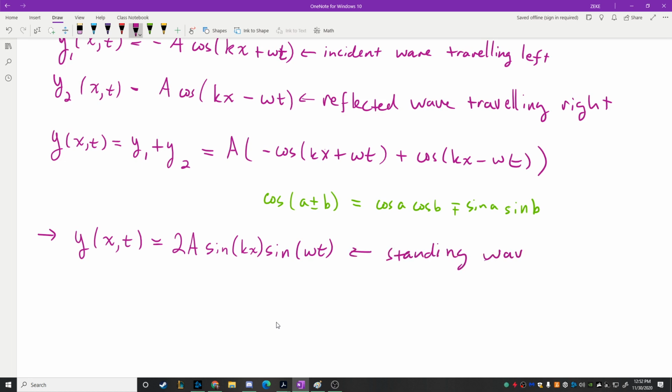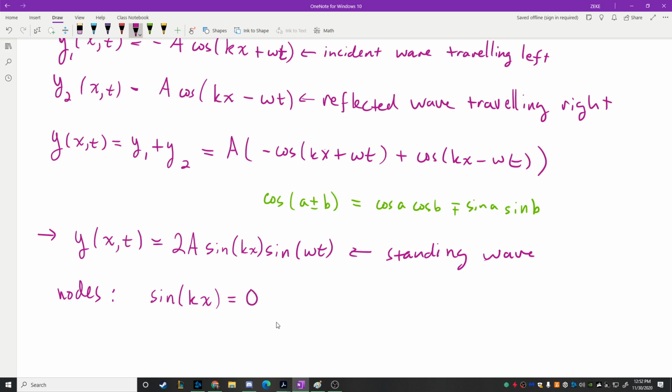We call it a standing wave again because it has fixed nodes. So at each instant, each time t that we choose, the shape of the wave is a sine curve, but the wave's shape stays in the same position, oscillating basically up and down. And to figure out where the nodes occur, the nodes are going to occur when the sine of k times x is equal to 0.